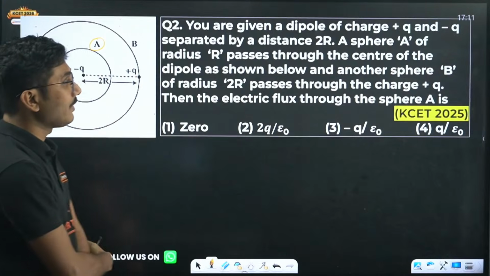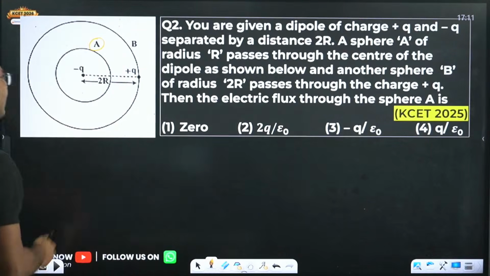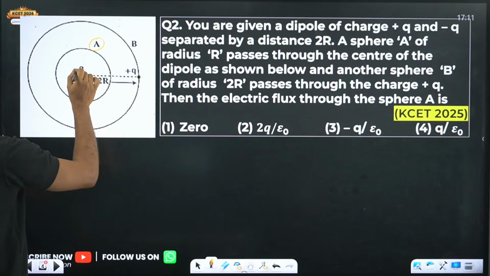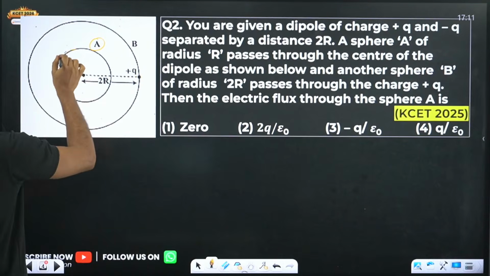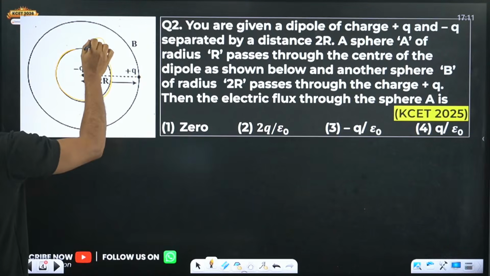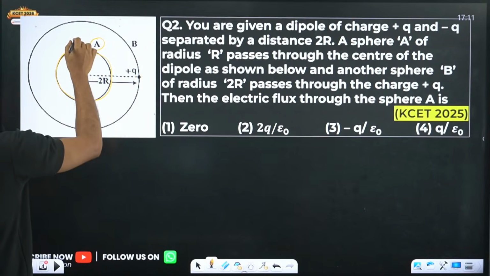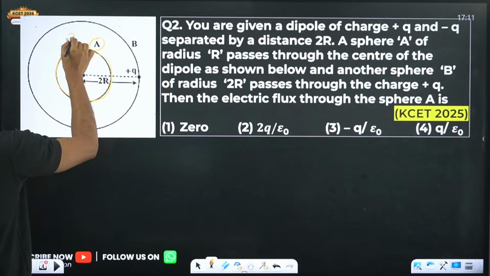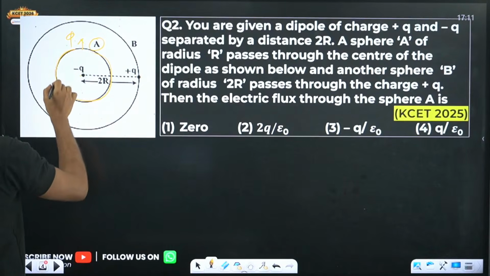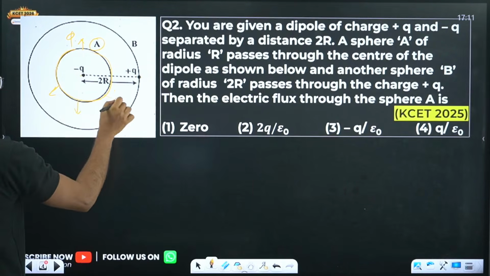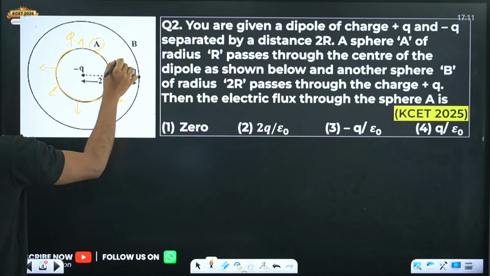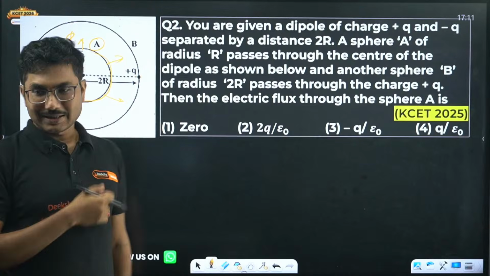Then the electric flux through the sphere A. Here we have a dipole, plus q and minus q, and a sphere of radius R passing through the center. They are asking what is the flux coming out of this sphere. Now what about this one? Answer this.